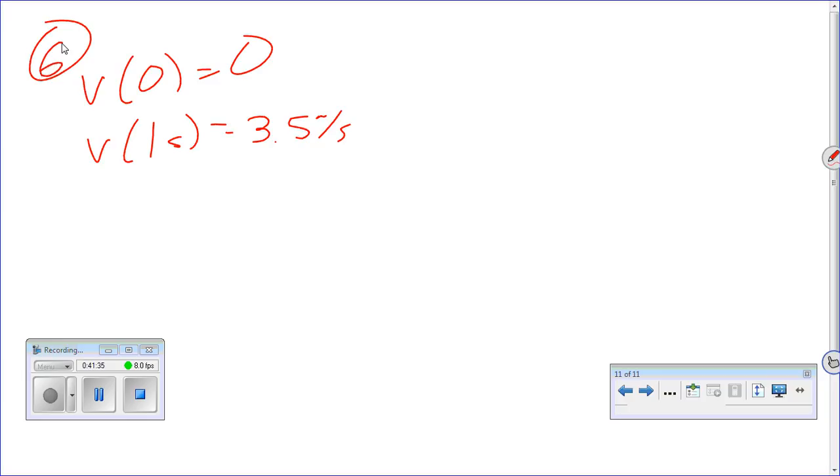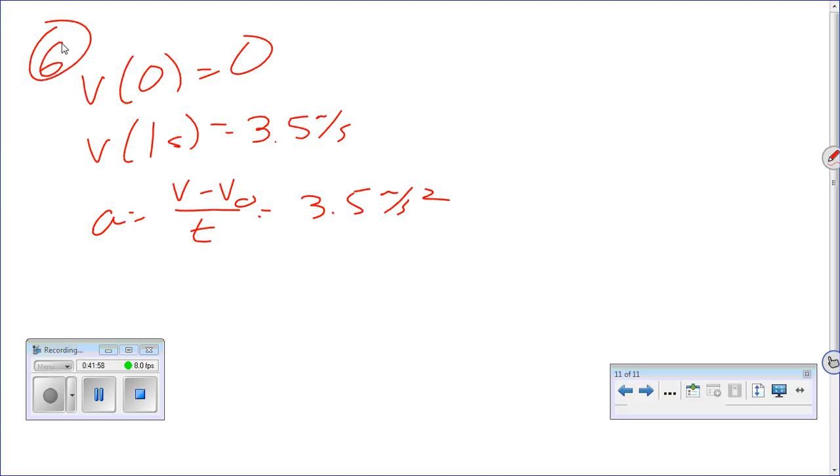Good? All right, now, that graph is a straight line. It's a velocity-time graph, so the fact that it's a straight line tells me constant acceleration. So find your acceleration. It's just v minus v naught over t, right? So 3.5 minus 0 over 1, you get 3.5 meters per second squared. Make sense?